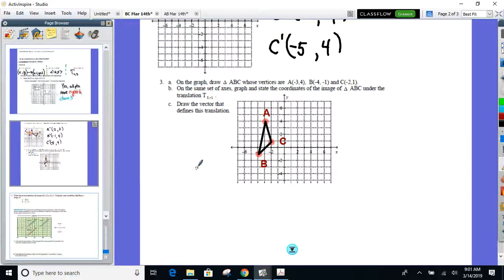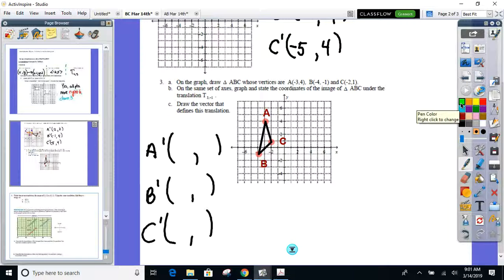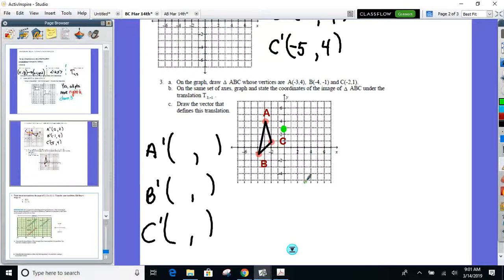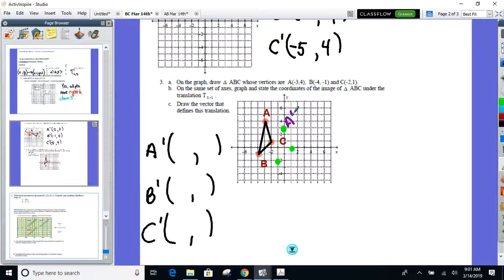Let's roll. Don't try to answer part C yet.